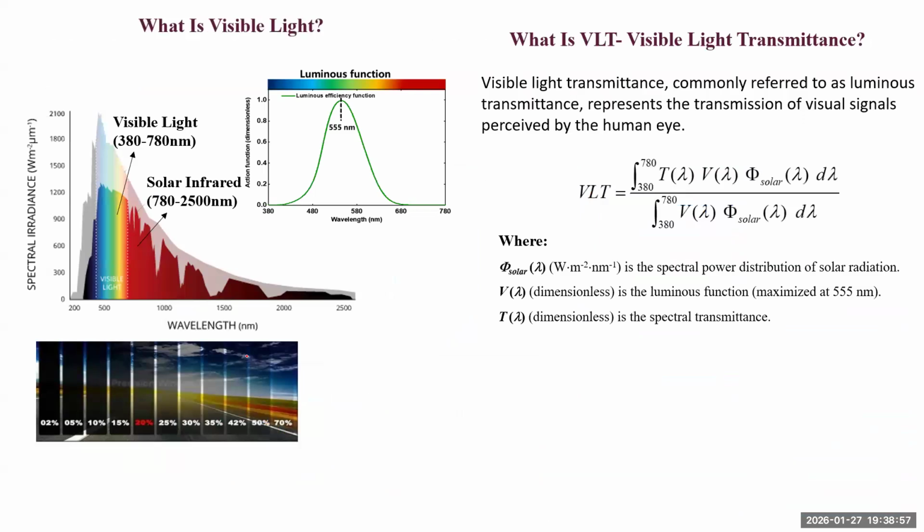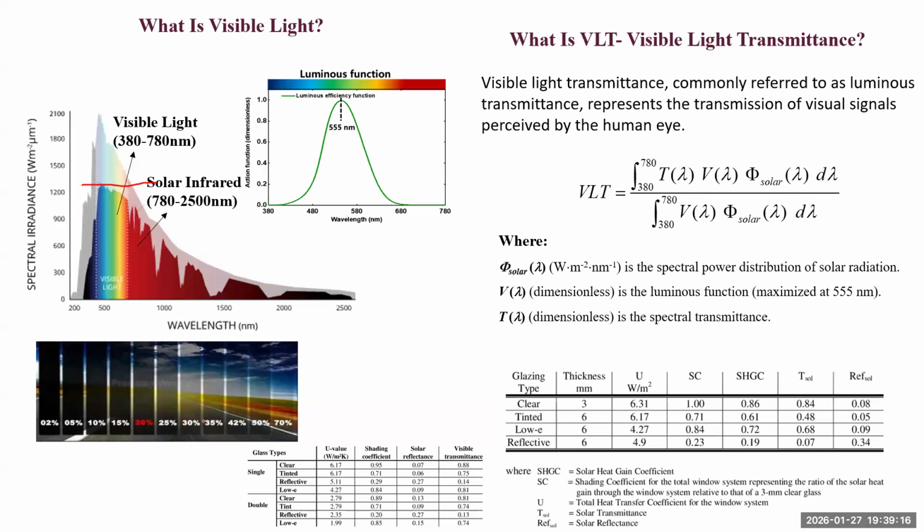This lets you know more about visible light. At the beginning, we mentioned the peak is in visible light. This is the transparency, the visible light transmittance of the glass. Which one is acceptable?